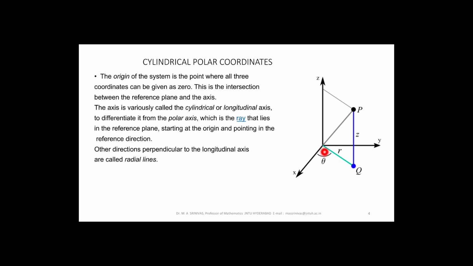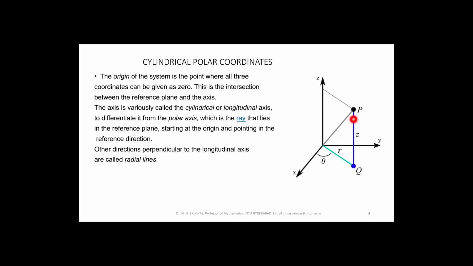In polar coordinate system, we have the origin and the x-axis, which I am taking as the polar axis. Therefore, this point Q is at a distance of r units and this OQ is making an angle theta with the polar axis. So r and theta are the coordinates of this point Q on the xy plane. The point P is at a distance of z units from the xy plane.